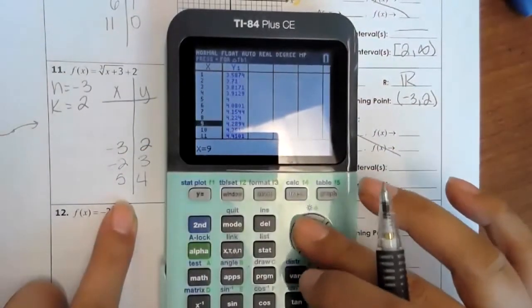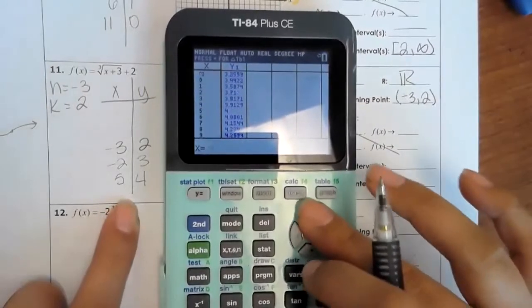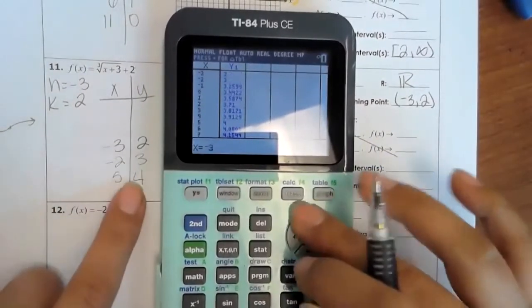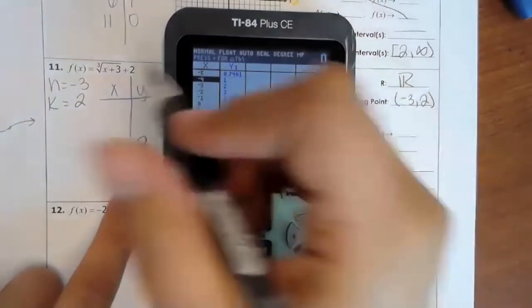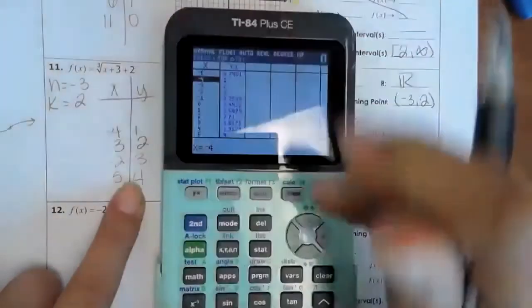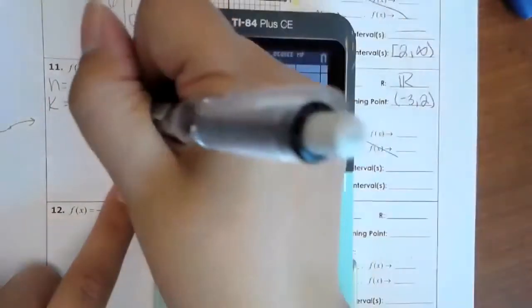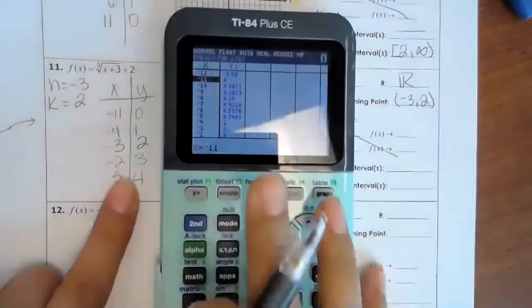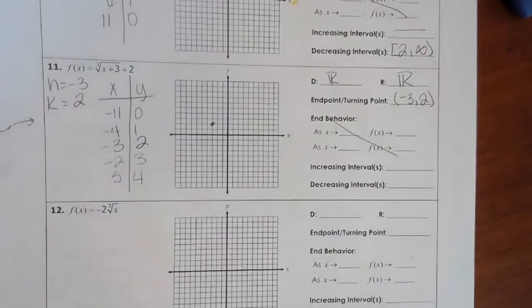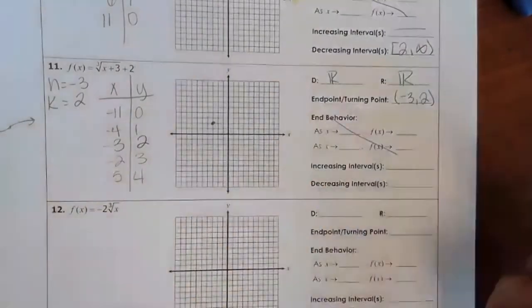Oh, nothing over 10, and that's as far as we go. So if you only found 2 dots to the right, you may only find 2 dots to the left. Negative 4, 1. Negative 11, 0. You do not have to do the table.